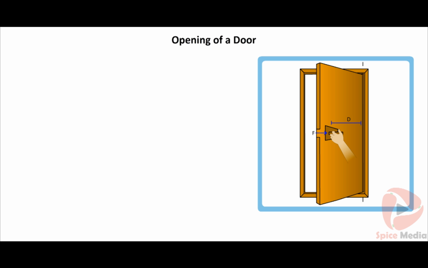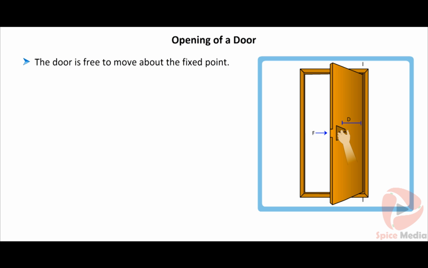To understand moment of force clearly, let us take the opening of a door as an example. A door is fixed at the corner on the hinges and is free to rotate about the hinges. The force applied produces a turning effect on the door about the hinges.